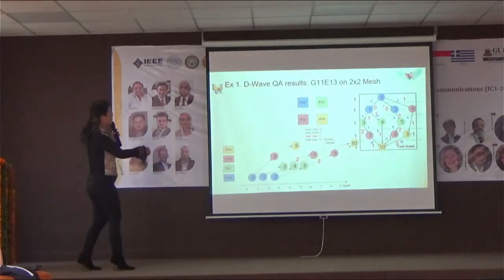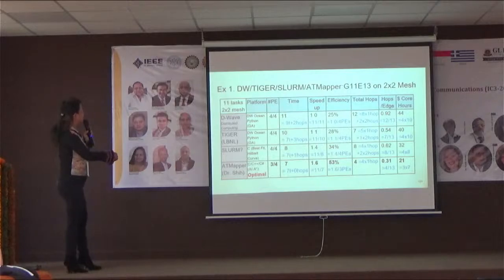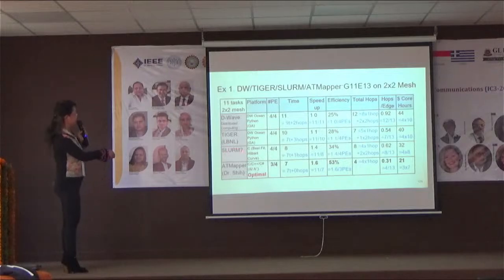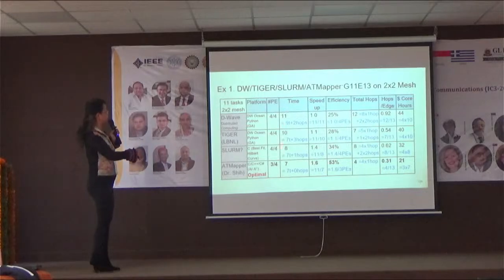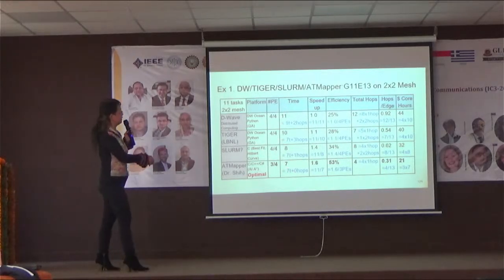Also, what we did, we compared with the D-Wave methods to partition the job flow graph into multiple workers using the quantum techniques of Berkeley Lab, using the typical Slurm schedule of HPC, and using my method. So you can see for the time, I'm about only 2/3 of the execution time.